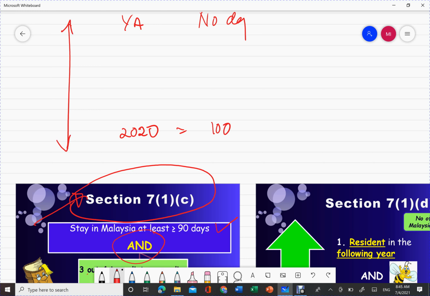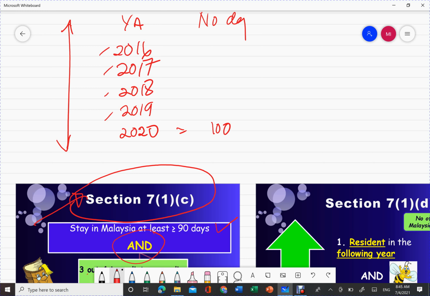Prior to 2020, you have 2019, 2018, 2017, and 2016. So 1, 2, 3, 4. This is what we call the immediate 4 preceding YA.